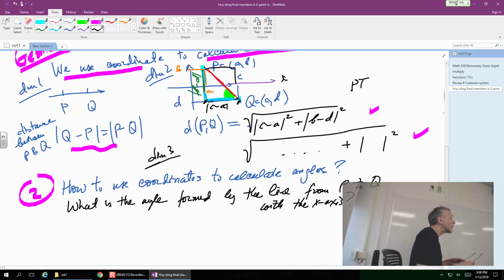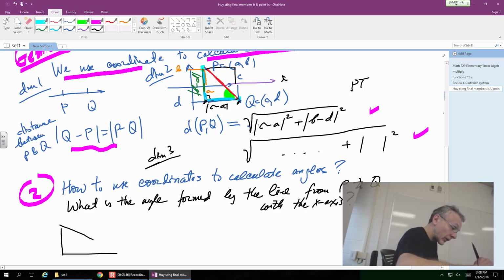Think about it. It is nothing but a triangle, a right triangle, and we just found the distance, the sides. So how do I find the angle from the triangle with known sides?